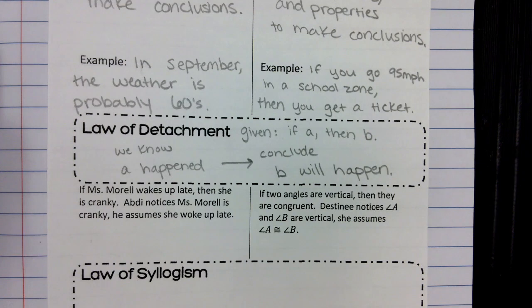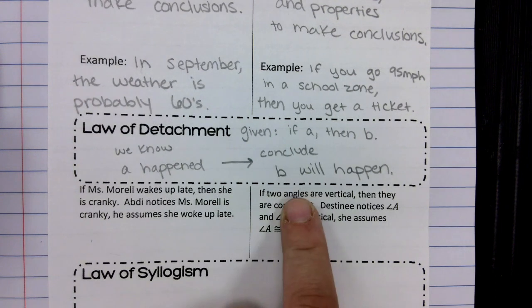If A happened, we can conclude that B will happen, or perhaps that B already happened. Okay, I'm going to use red and green. So my hypothesis is A. What is my conclusion?